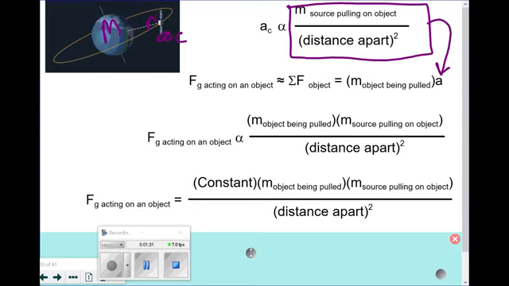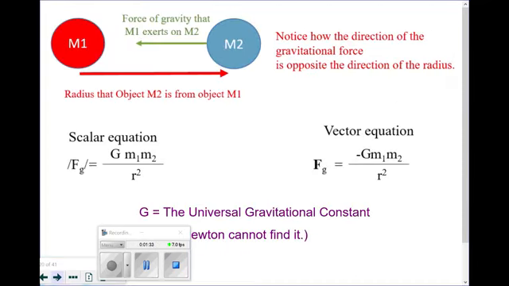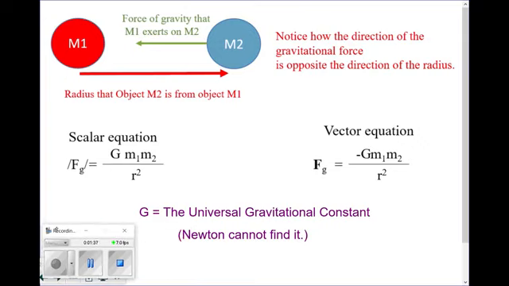Newton had only one small problem. He was able to come up with an equation, and he called that constant the letter g. He was able to say that the force of gravity would be equal to g, m of the first object, m1, times the mass of the second object, m2, divided by the radius squared, but he didn't know what g is.